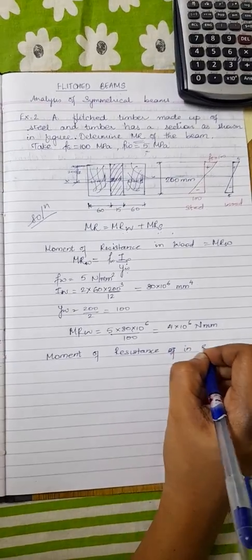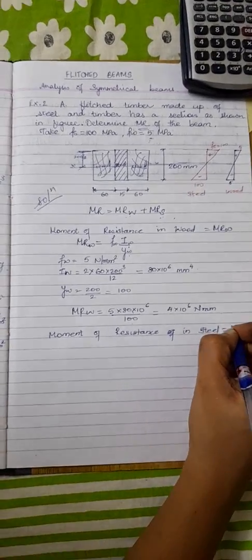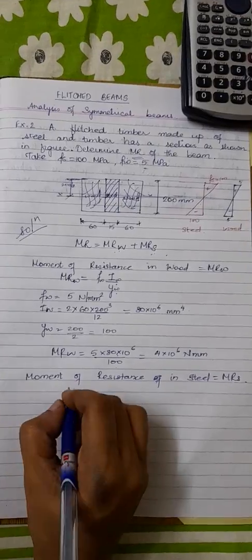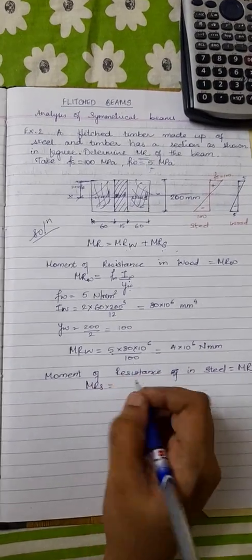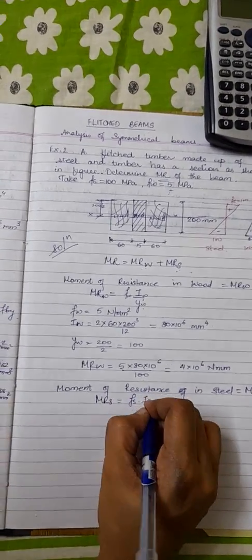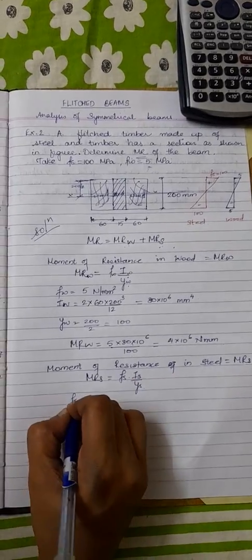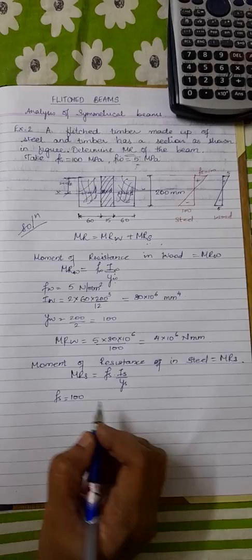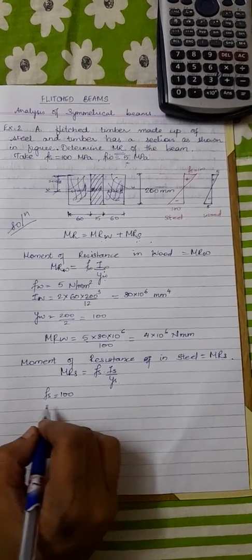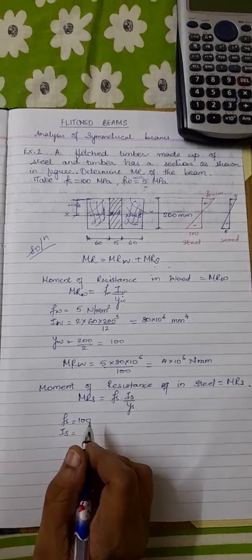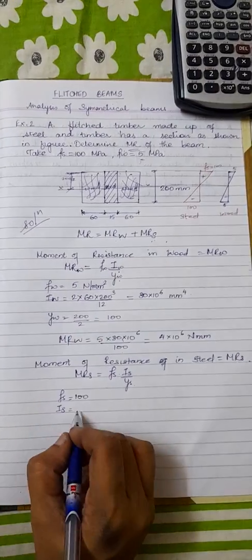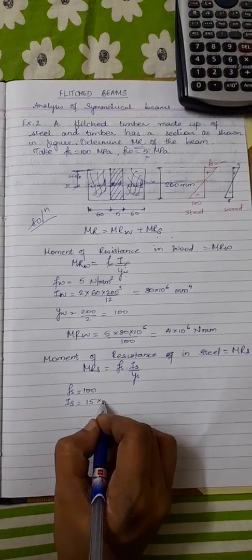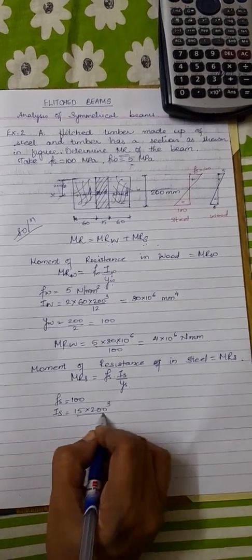Similarly, we are going to calculate the moment of resistance of steel, MRS. Let us quickly calculate this. What is Fs given? That is the stress in steel, 100. What is Is? That is the moment of inertia in steel. There is a single plate, so BD cube by 12, again 15 into 200 cube by 12.